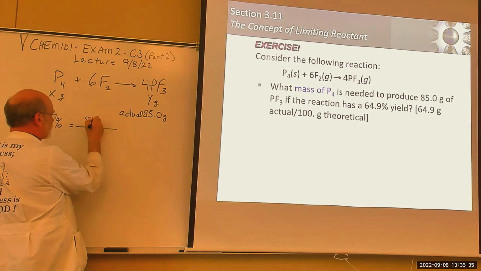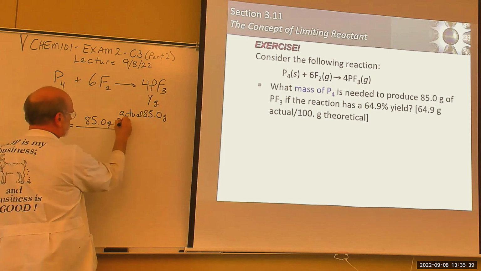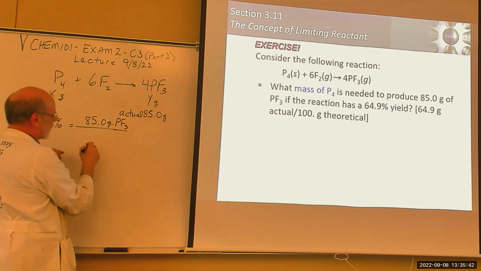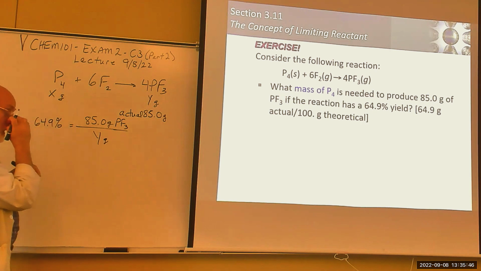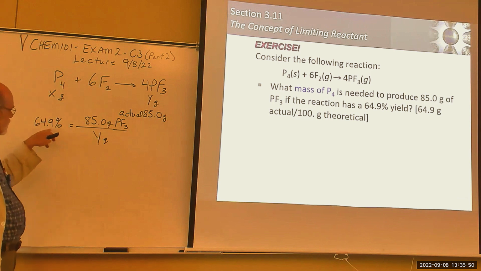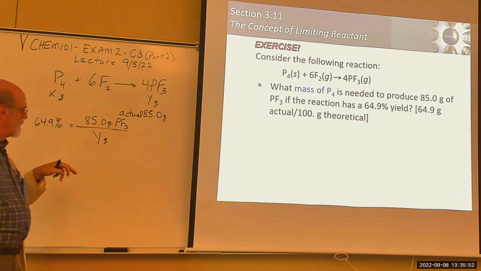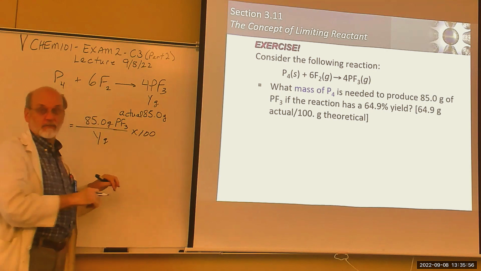Actual is 85 on top of PF3. And on the bottom is our y grams. Okay? So you can see right off that y is going to be bigger than 85. But this percent is incomplete. Right? Got to multiply by 100.